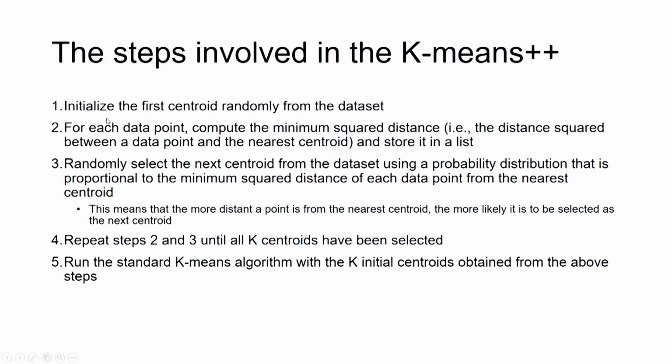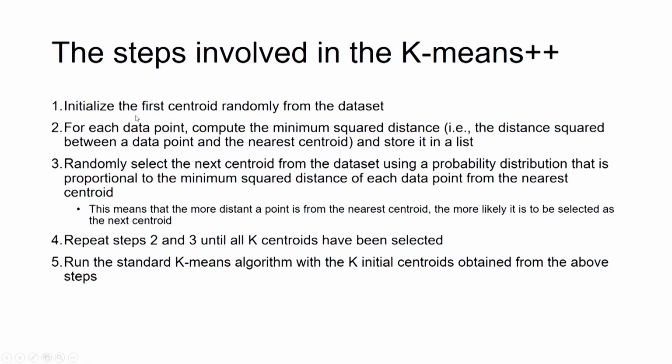But in the k-means algorithm, all 5 cluster centroids we choose randomly. Here only the first centroid we choose randomly, and then the second, third, fourth and fifth, or whatever number of clusters we want. The remaining centroids we do not choose randomly; there is a method, and we will see what that method is.